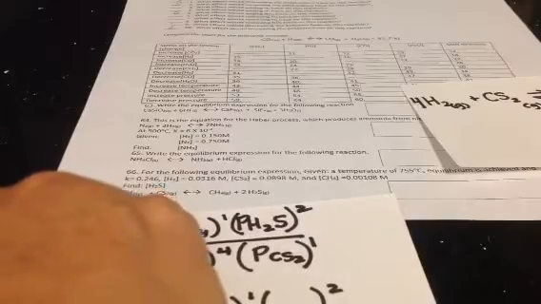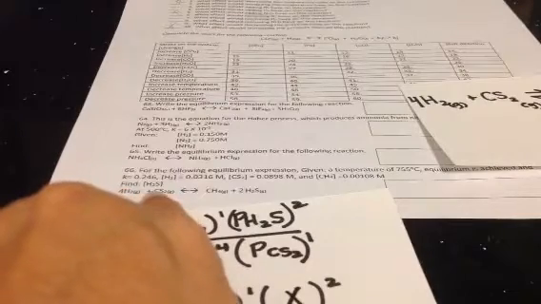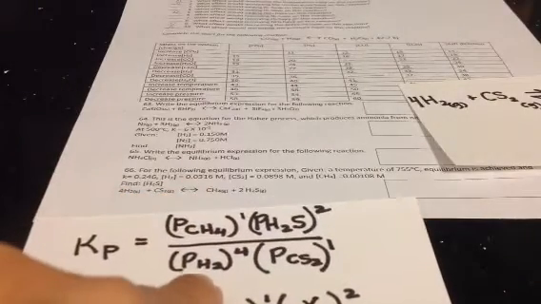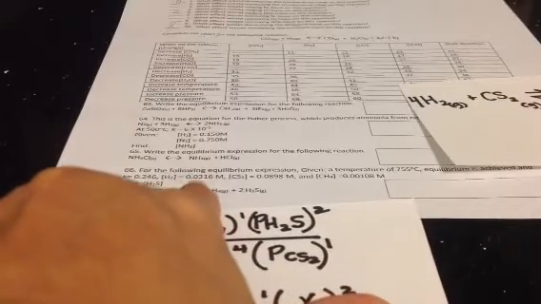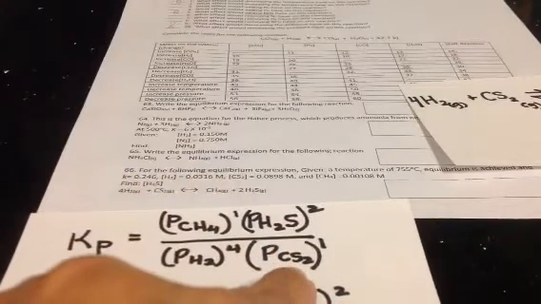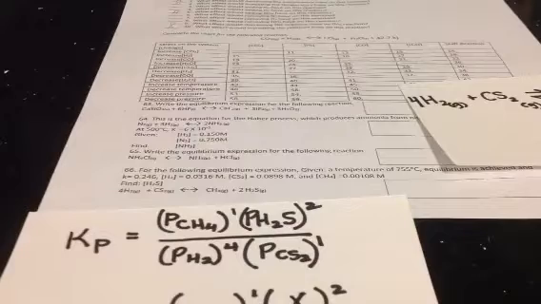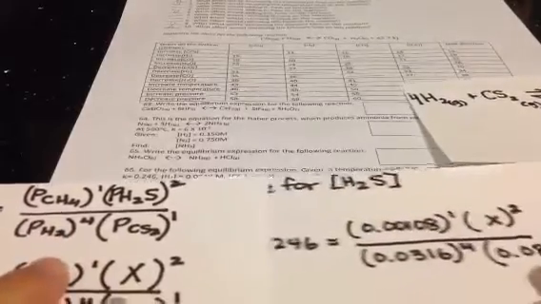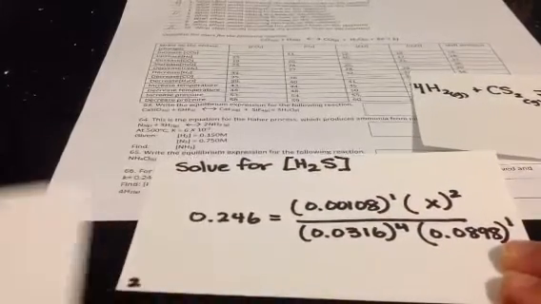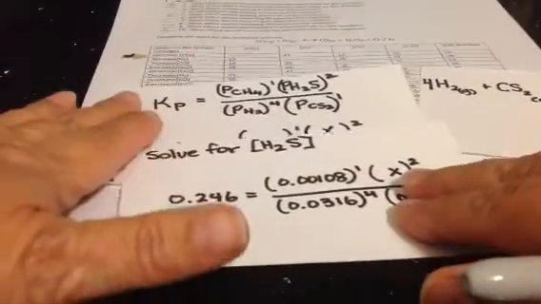That's what I'm trying to find, so the H2 ends up being my variable in this expression. And then I'm going to go find the H2. So according to this problem, my H2 is 0.0316. And then the pressure of my CS2, so I go find my CS2, and it's 0.0898. So once I have substituted in all of my numbers, which I'm solving for H2, my numbers are going to sub in the equation like so.